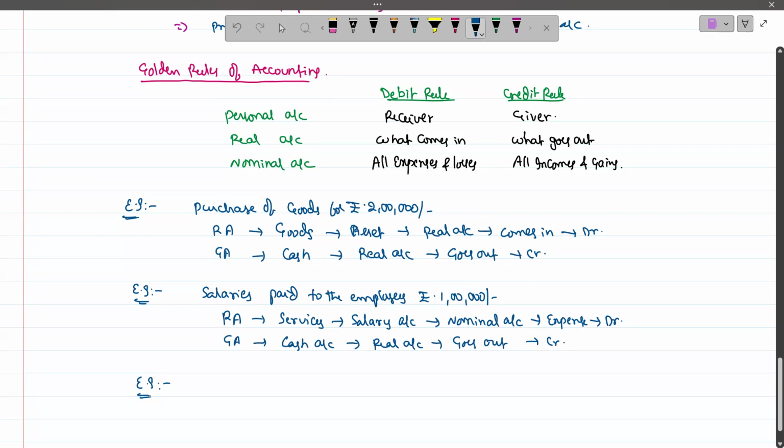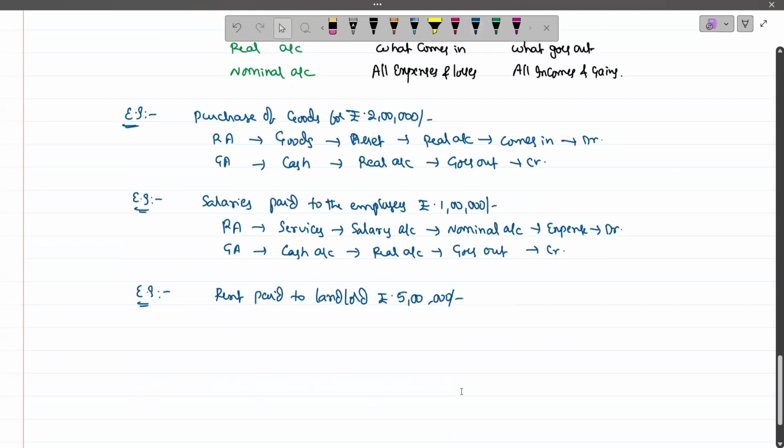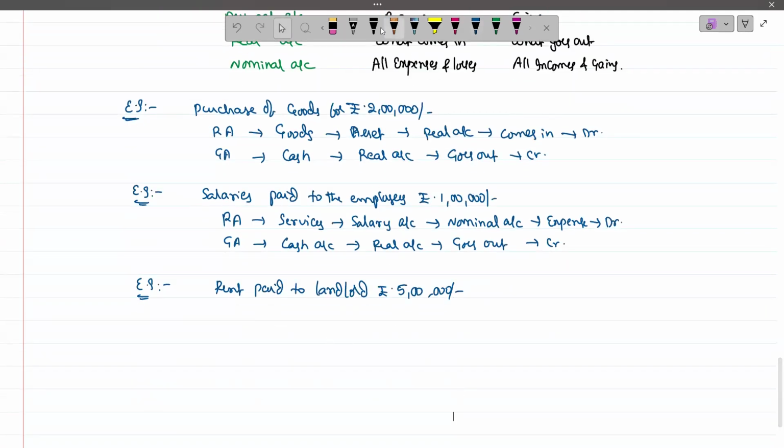And coming to another one. Rent paid to the landlord, rupees 5 lakh.